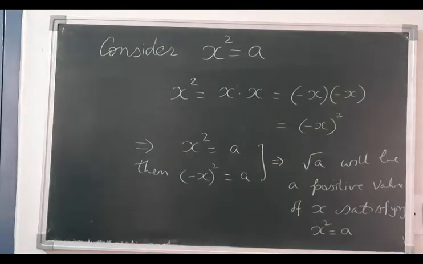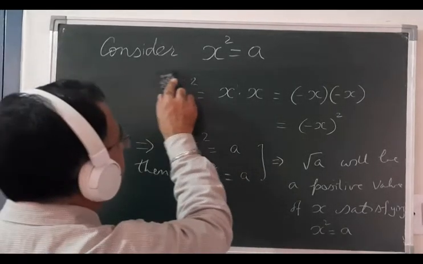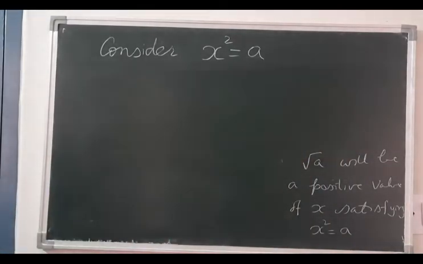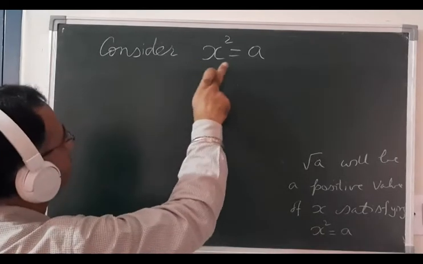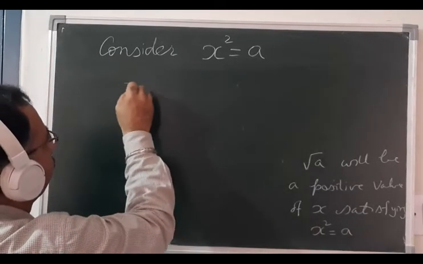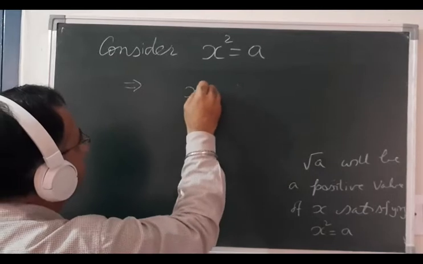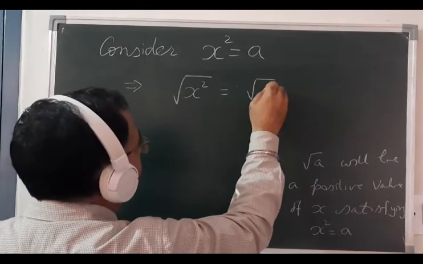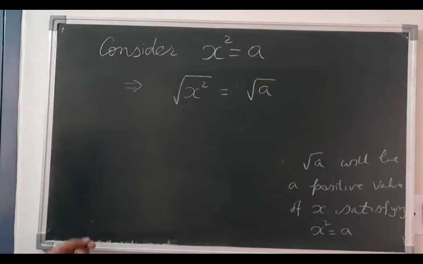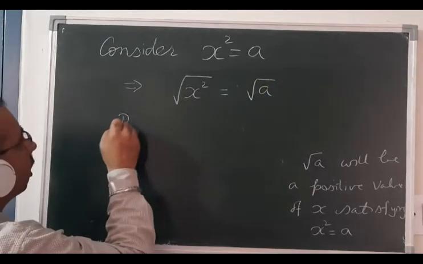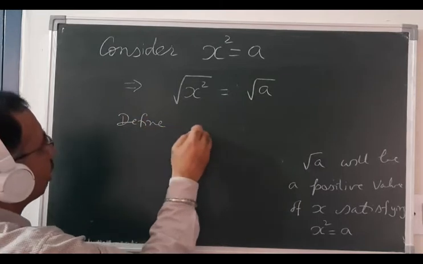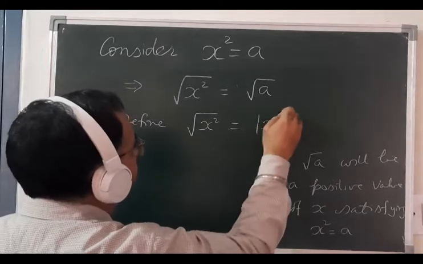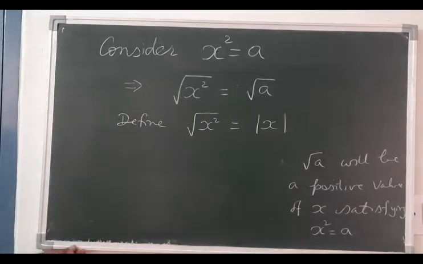Further, taking square root on both sides, we get x square and its square root, which is equal to square root of a. We shall define square root of x square as mod of x.